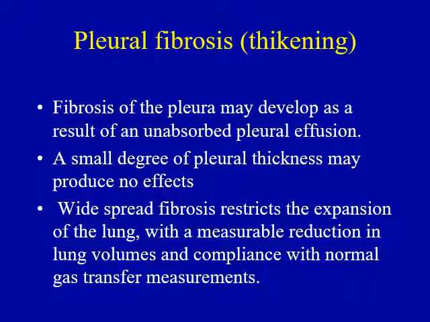A small degree of pleural thickening may not cause any symptoms. But widespread fibrosis restricts the expansion of the lung, with a measurable reduction in lung volume and compliance, but with normal gas transfer measurement. Clinically it appears as pleural effusion, but when you aspirate there is no fluid.